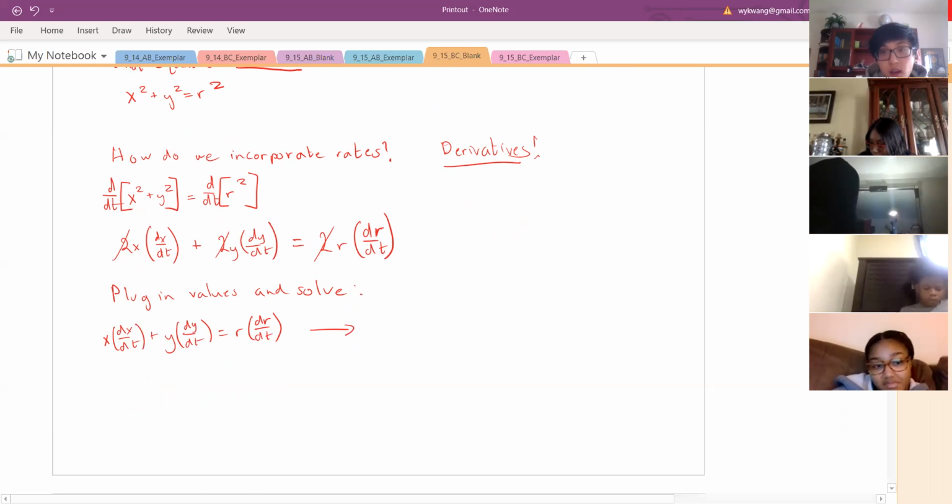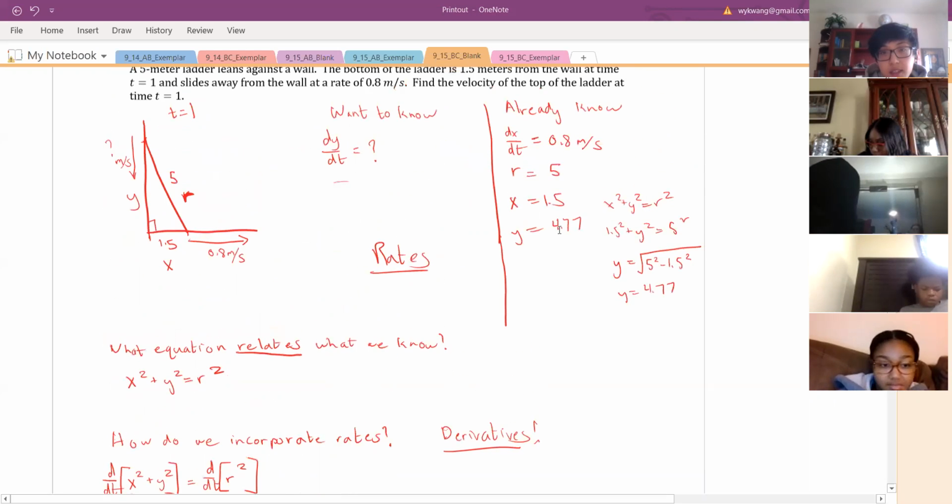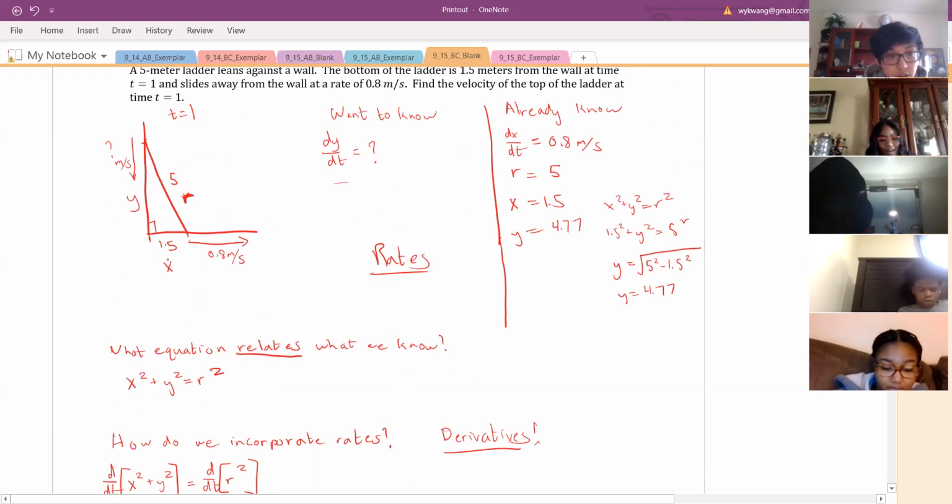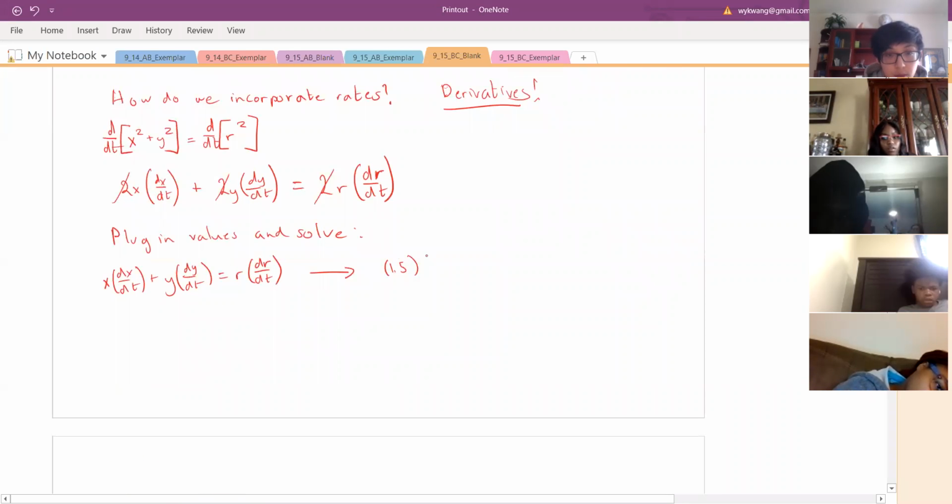Remember, x is 1.5, so we're going to have 1.5 times dx over dt, which is the rate at which x is changing, and we clarified that over here, it's 0.8. So we're just going to multiply this by 0.8.